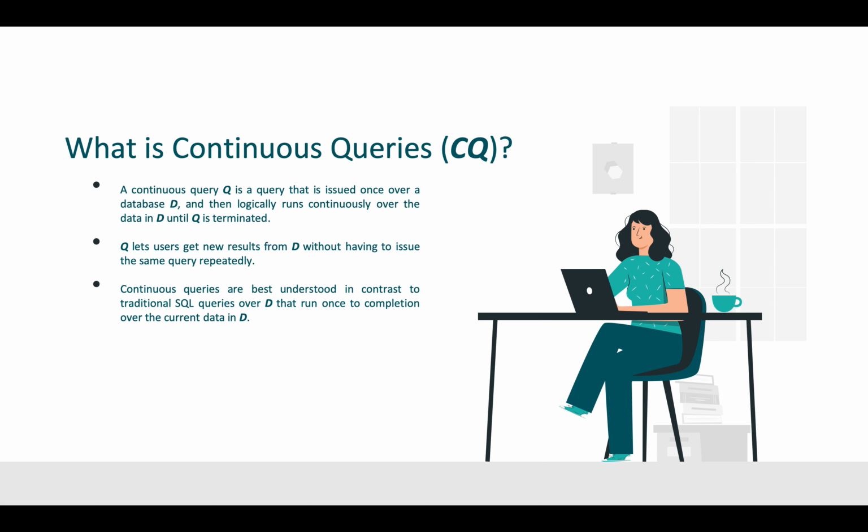Continuous query lets the user get the new result from the database without having to issue the same query repeatedly. And continuous query is best understood in contrast to the traditional query over a database that runs once to completion over the current data in the database. So continuous query ni dia continually running the query, berbeza dengan traditional query tadi.